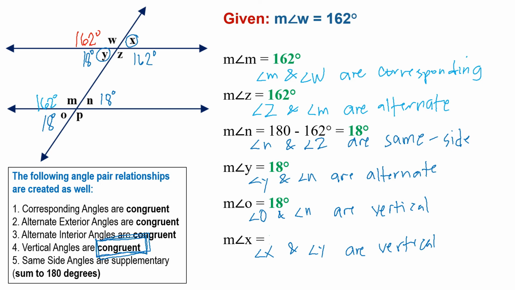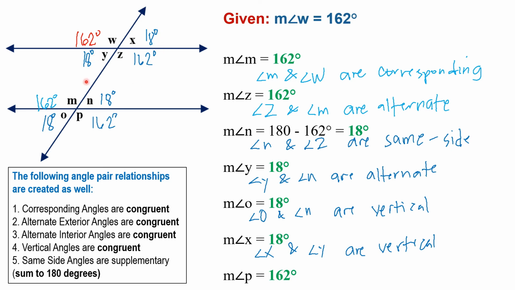So therefore, the measurement of angle X is the same as the measurement of angle Y, which is 18 degrees. So we have 18 degrees for X. And the last one, angle P over here. Again, the easiest way to find the value of P, you may just look at angle M because they are vertical angles. So therefore, the measurement of angle P is also 162 degrees.